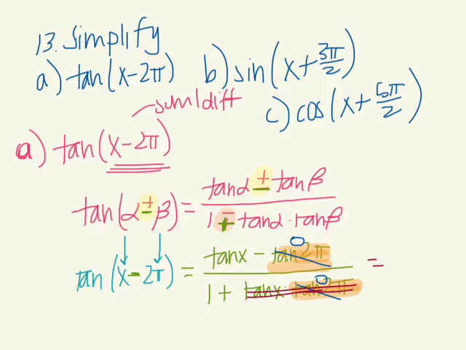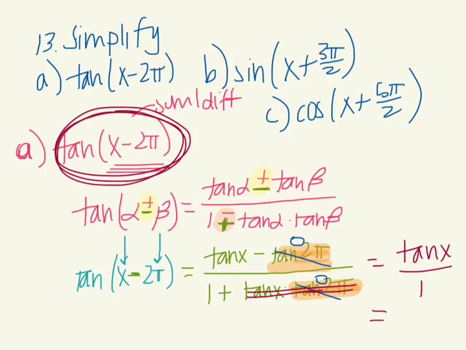So what we're left with is just a tangent x in the numerator minus 0, which we don't really need to write, and in the denominator, all we're left with is 1. So if we simplify tangent of x minus 2 pi, which we were asked to do at the beginning, it simplifies to just plain old tangent of x.